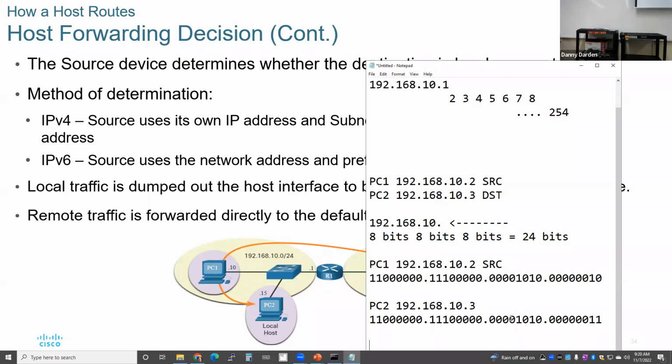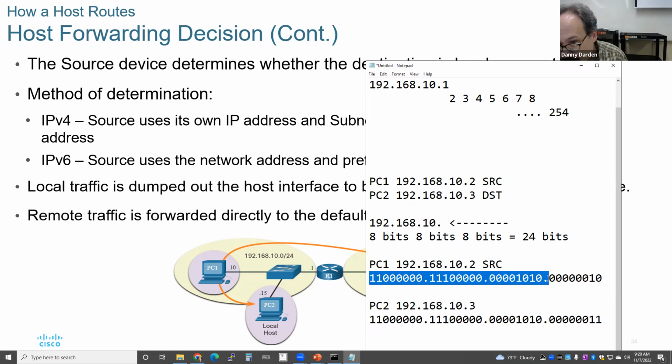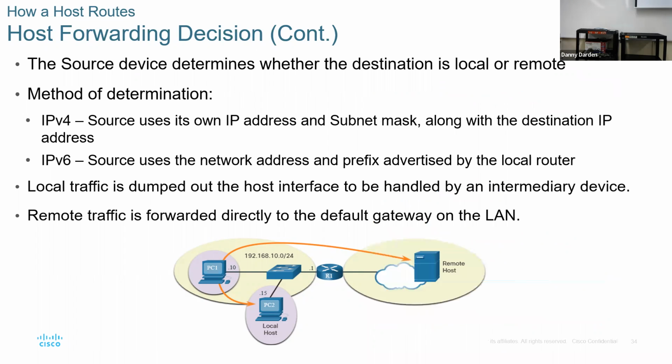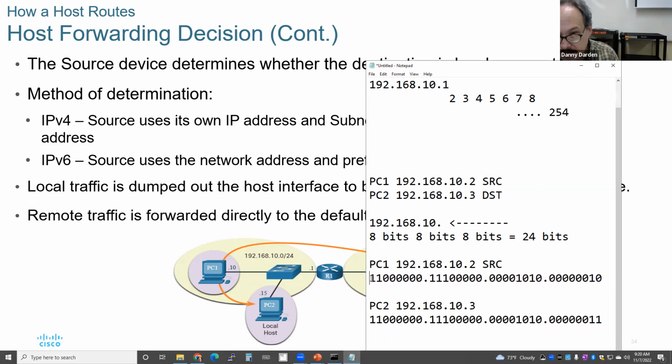Now, what the network card will do is it knows that if my address is this series of bits, then any packet that comes to me that has the same series of bits is a local address.